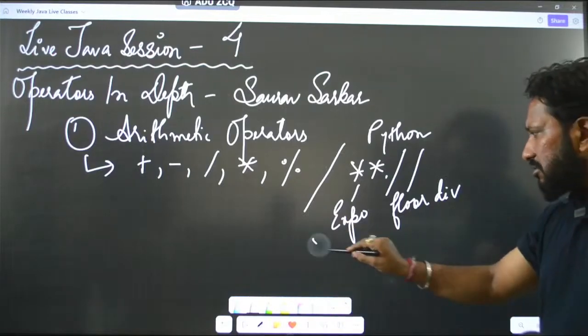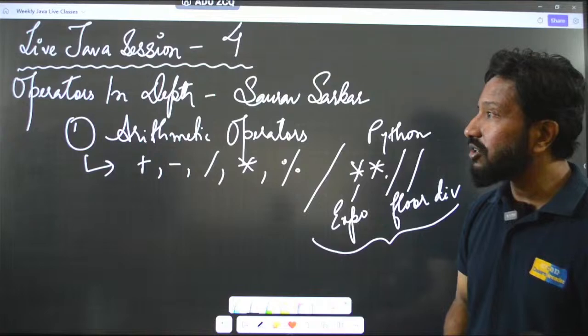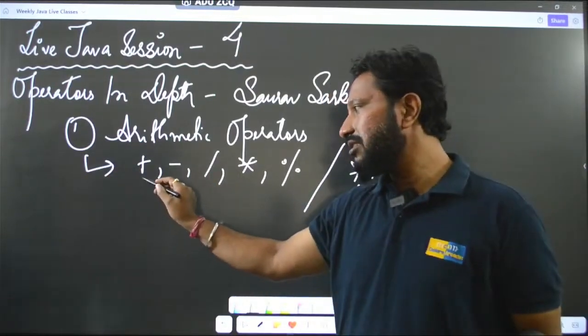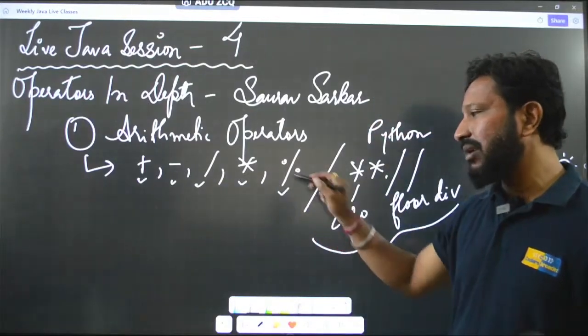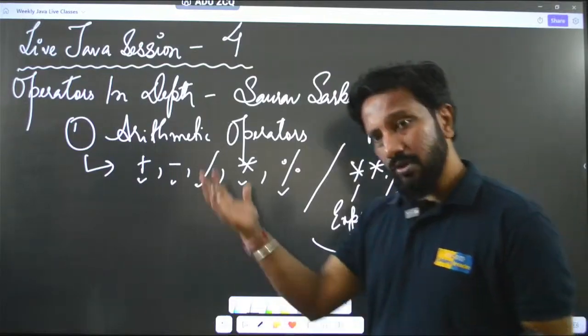We will not talk about this very much in this session because we are totally focusing on Java. So we have already covered all these things: addition, subtraction, division, multiplication, and the remainder or modulus. This percentage symbol.